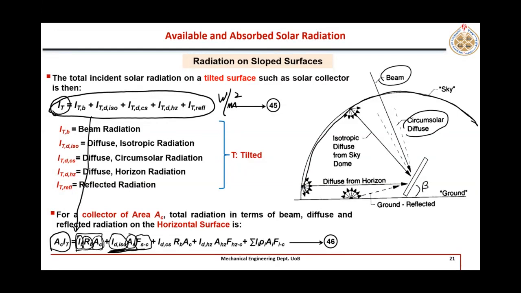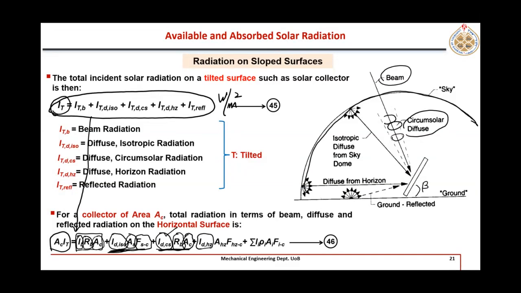So it has a defined path or defined angle in this region. So that is treated as beam radiation. Diffuse circumsolar falling on a horizontal surface multiplied by tilt factor and the part which is falling on that collector area.